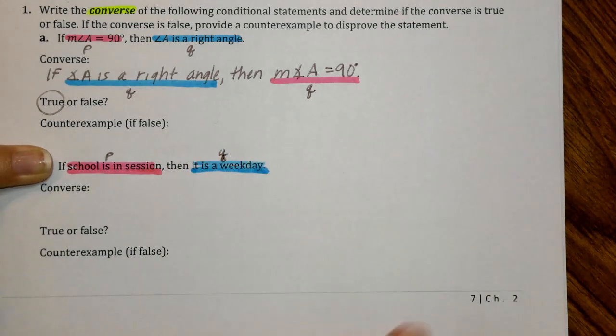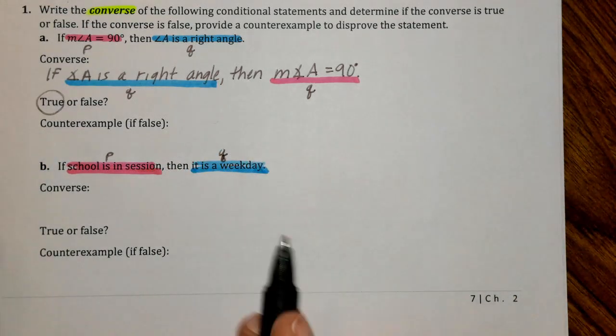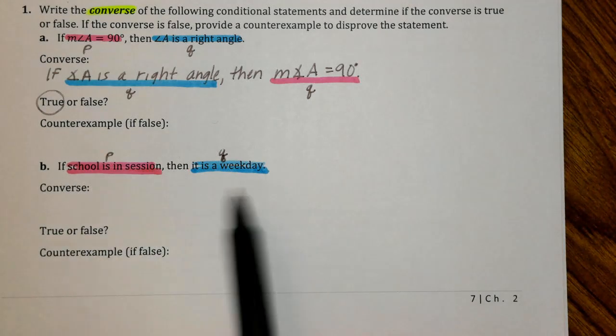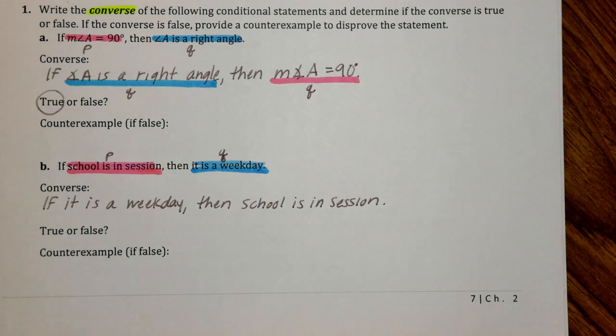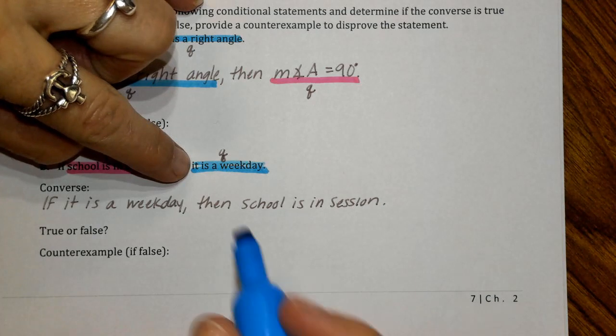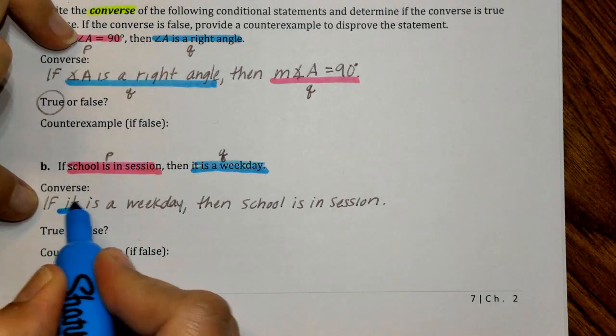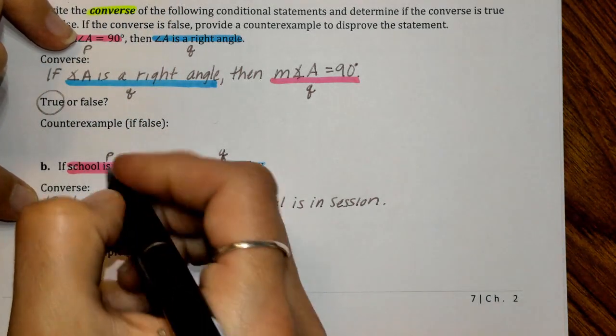Here's Q. Your converse, we're going to take what I have as my hypothesis and conclusion, switch them around. So go ahead, pause it, and try it on your own. Just switch those words around. Okay, in here, I took it is a weekday, the conclusion. Now, it is a weekday is first. There's my Q.